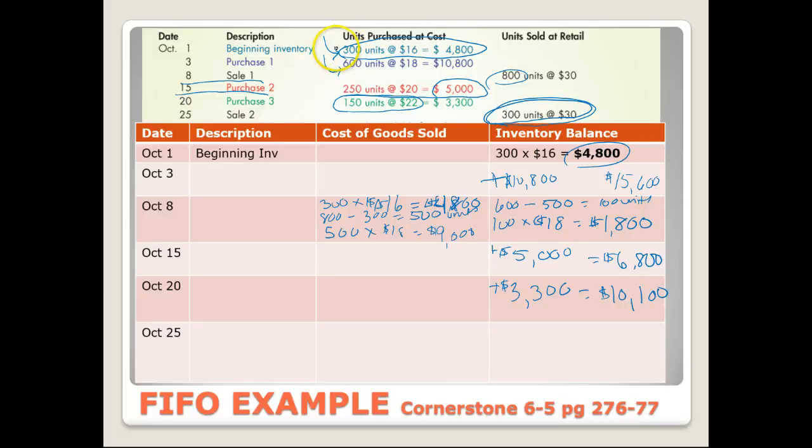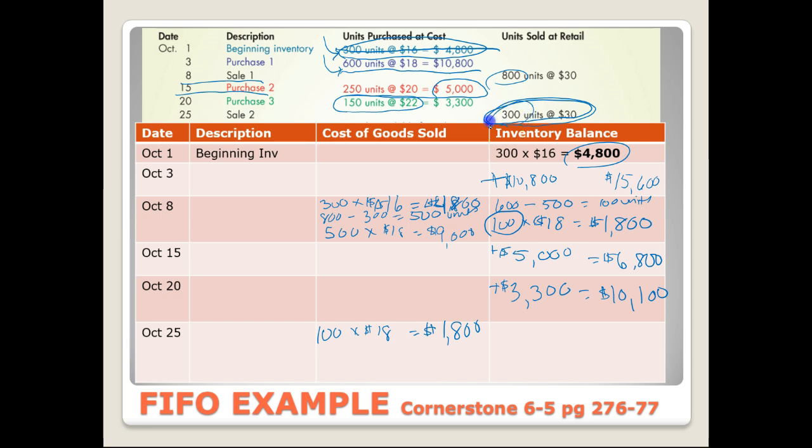We know that we've already crossed off this first inventory grouping. Is there anything left of the 600 units at $18? Yes, we have 100 units left, right? So we know we're going to use 100 of those units, and they were $18 a unit. So that's $1,800 worth of cost of goods sold.